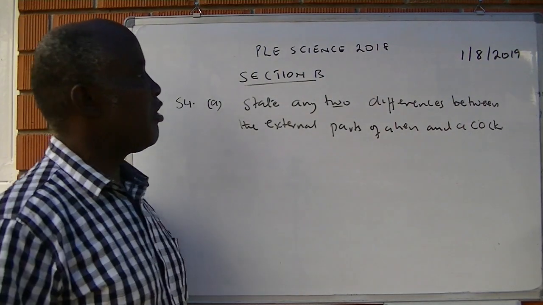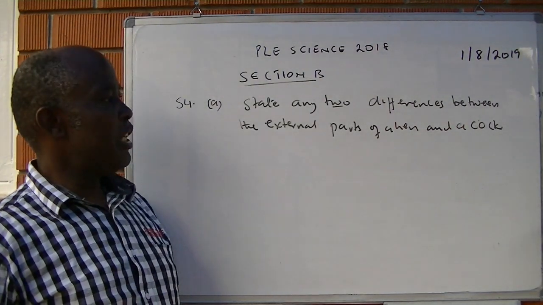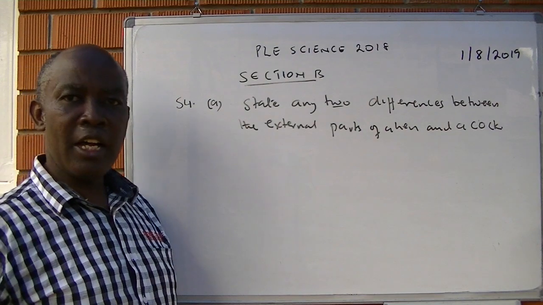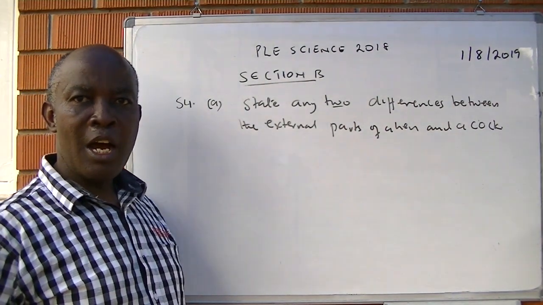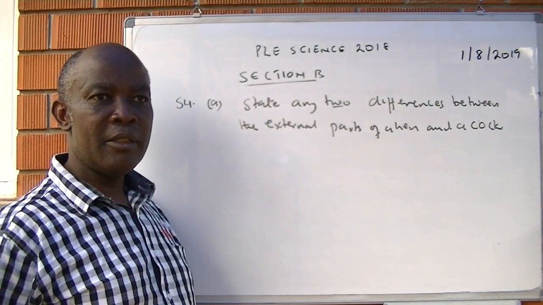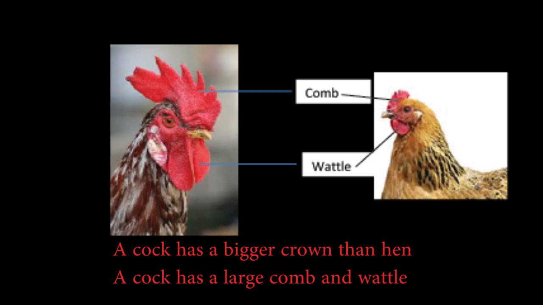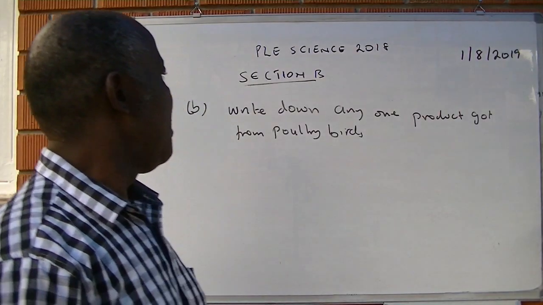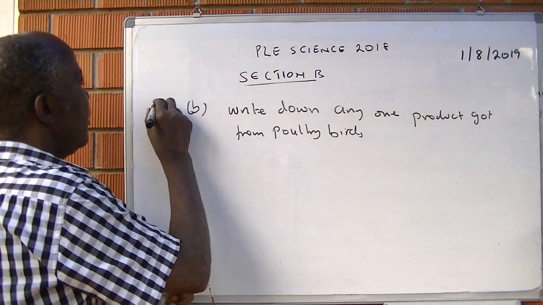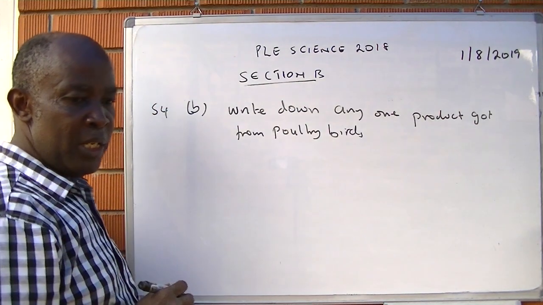State any two differences between external parts of a hen and a cock. A cock usually has got a big comb. B. 44B.